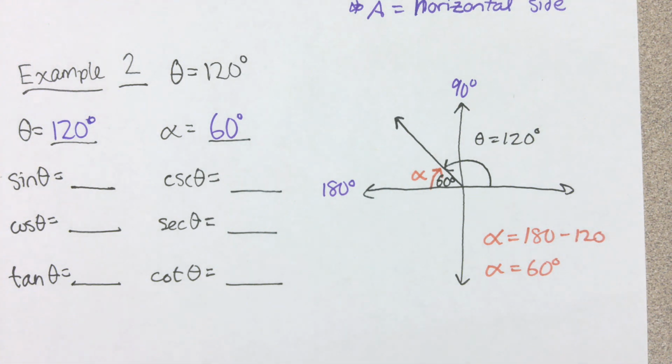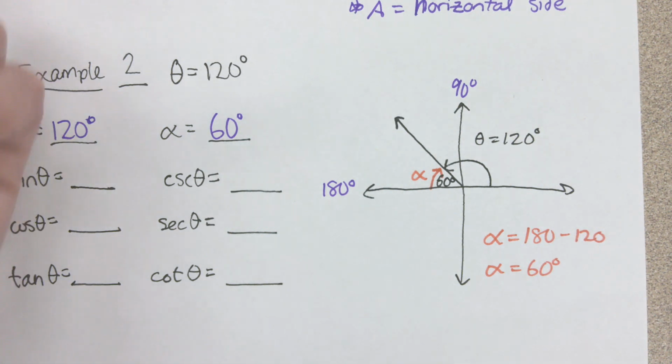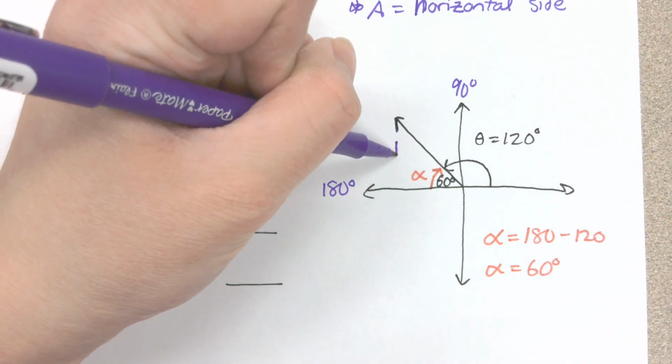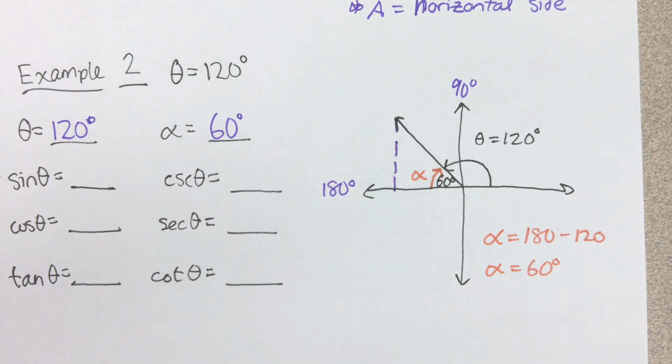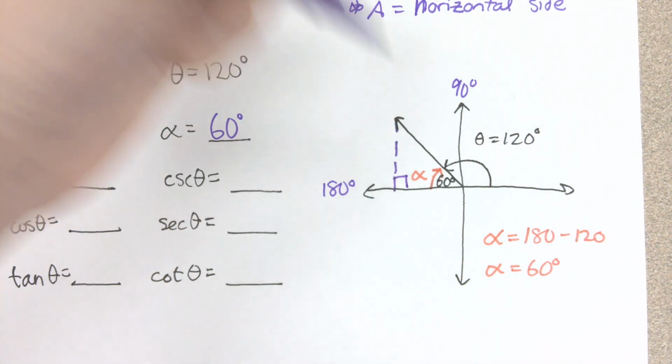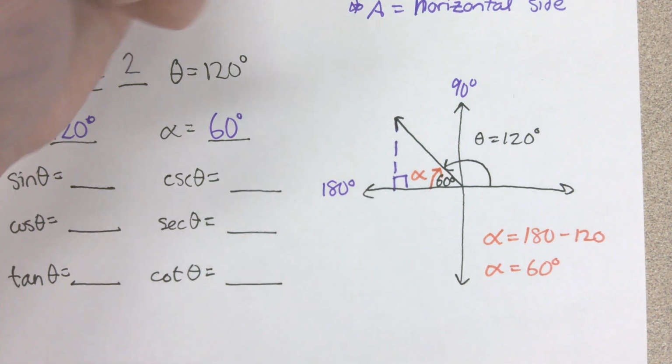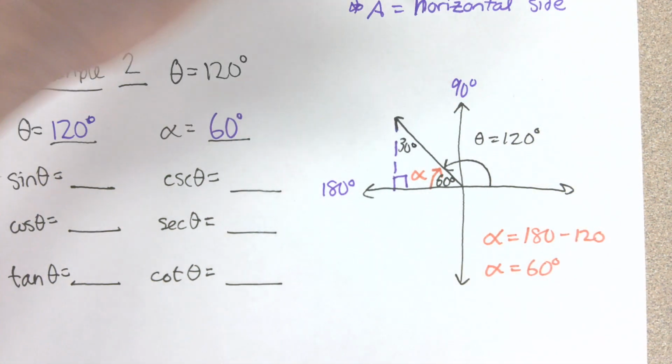To figure out everything else, we must work with the triangle. Once again, we're going to drop the side down to meet the x-axis, creating a right angle. Here we have a 60 degree at the bottom, 30 degree at the top.